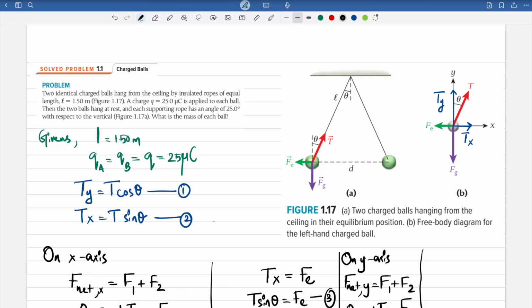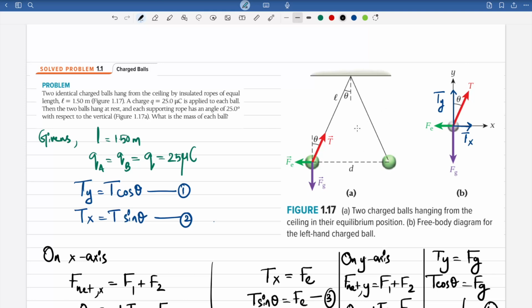So if you rearrange it, you will get Ty equals Fg. And what is Ty? T cos theta. So T cos theta equals Fg. Let's call this equation number 4.